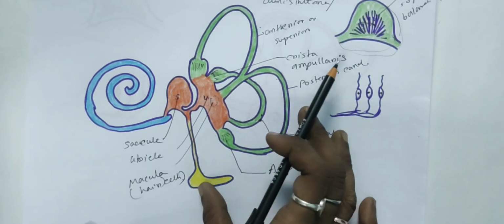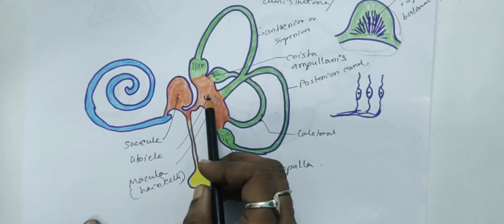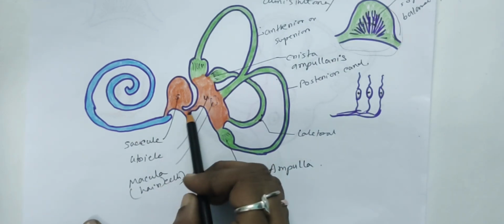Macula has hair cells. And there is a connection. Utricle continues with the saccule by a connecting duct.